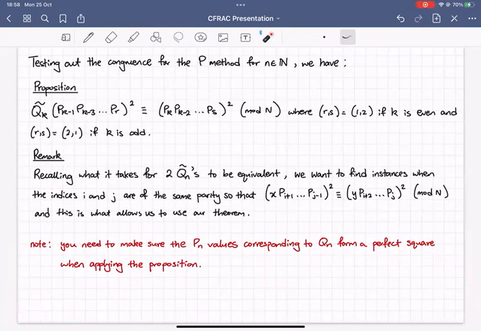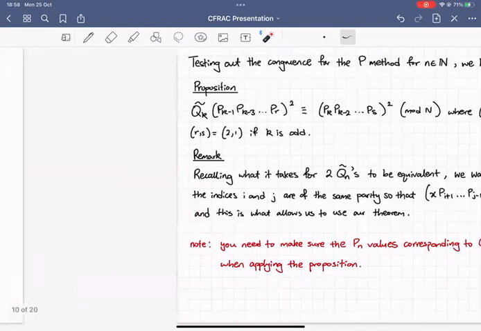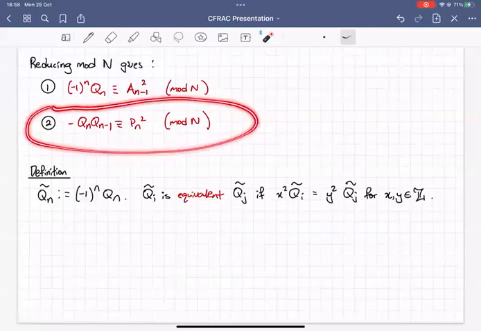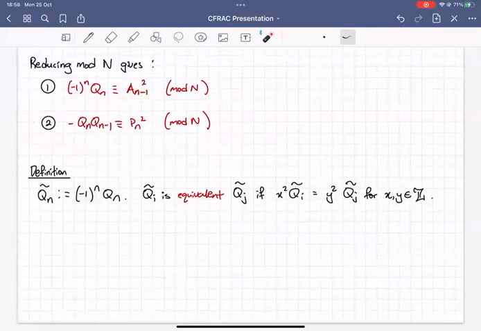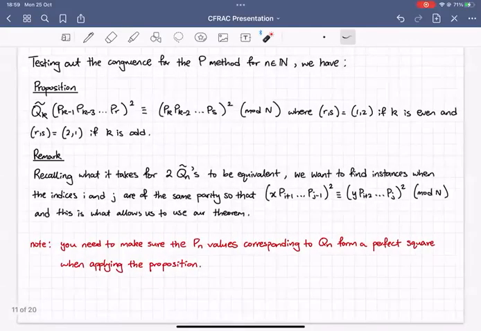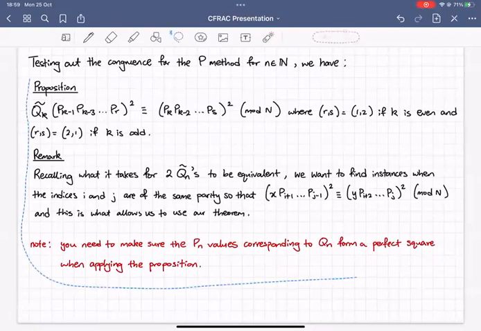Okay, now we will get into the P method, testing out the congruence for the P method. Behind the scenes, I have computed what this will look like for n equals 1, 2, 3. I haven't got them written down here, but I can quickly write it down.